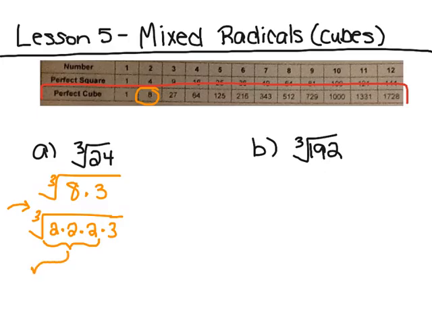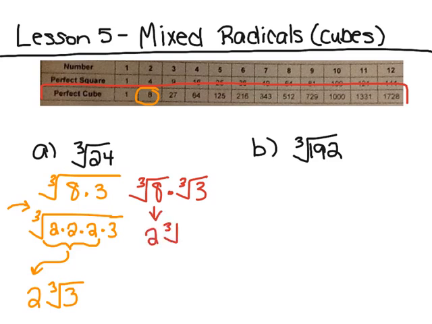So three 2's comes out to be one 2, and we're left with a 3 on the inside. This is the same as saying the cube root of 8 times the cube root of 3. The cube root of 8 is 2, times the cube root of 3. So either way.